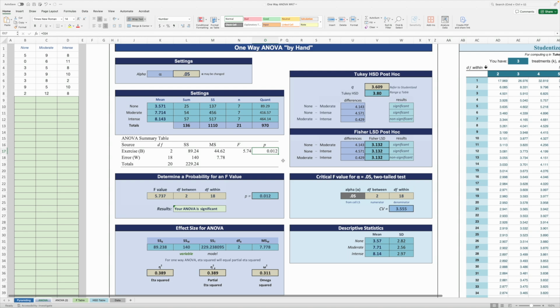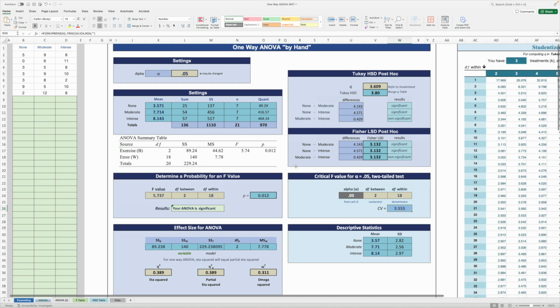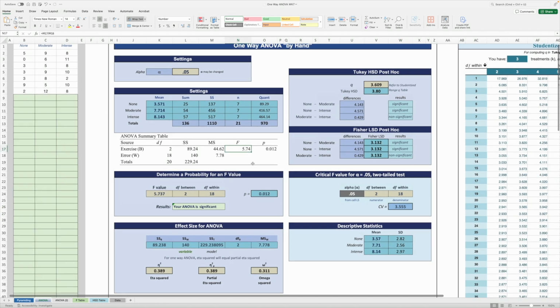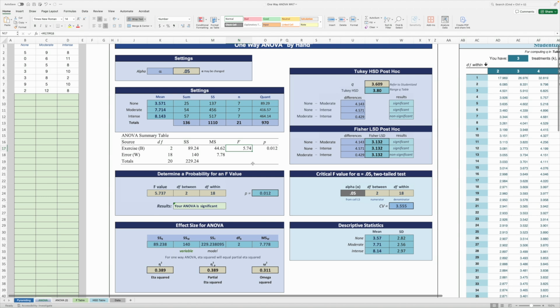Is there a statistically significant difference? Remember our critical value with 2 and 18 degrees of freedom is 3.55, but our test statistic is 5.74. 5.7 is larger than 3.5. Our test statistic is over the fence, statistically significant.